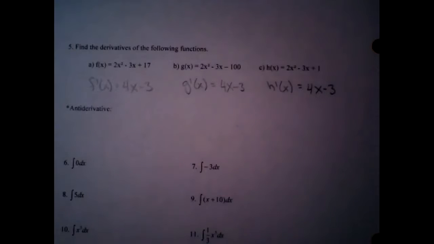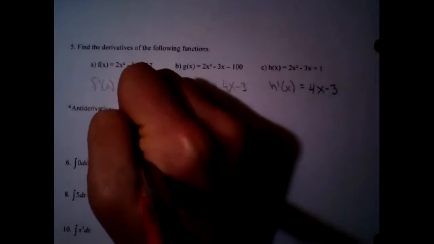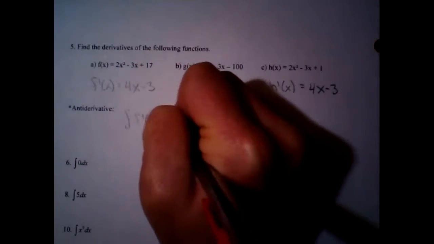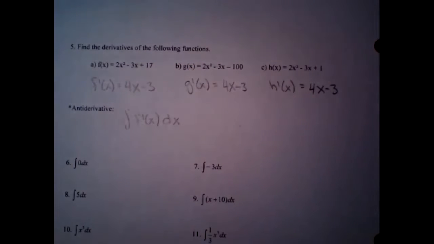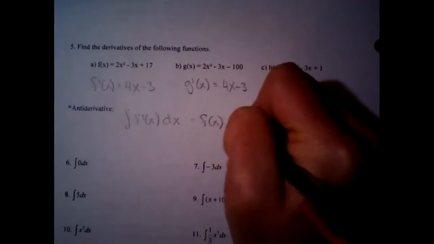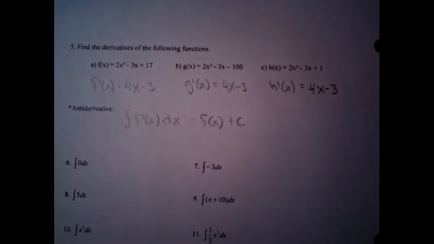So what this looks like is you have an integral of a derivative, f prime of x dx. That's going to take you right back to the original function, f of x, but you put a plus c at the end to show that there could be a constant there.